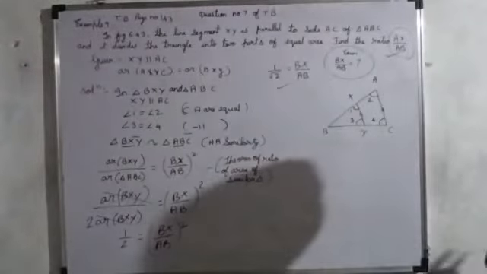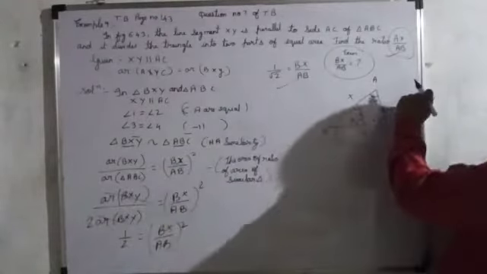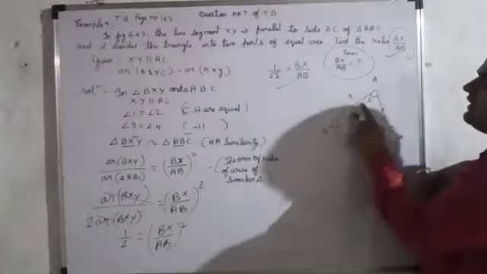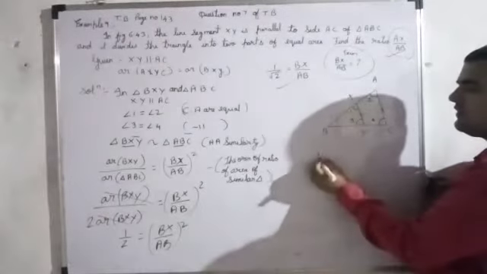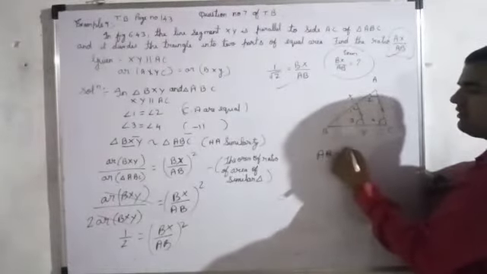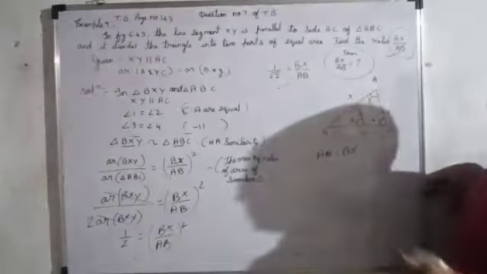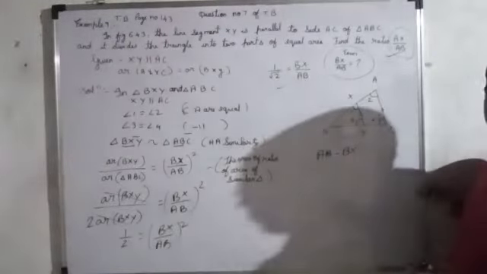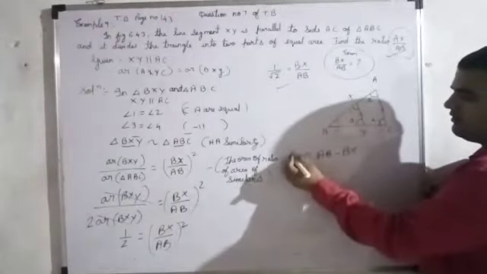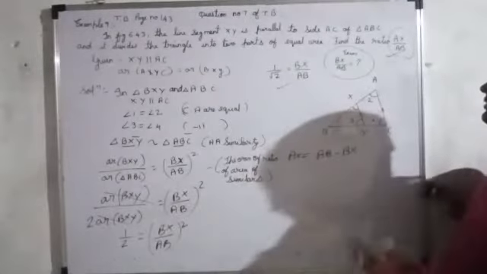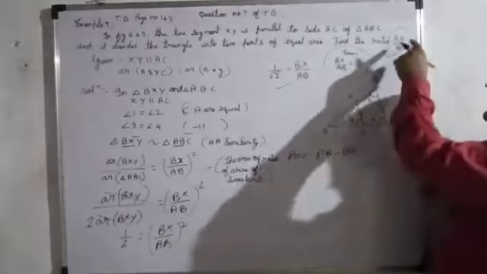See, if I have to find AX upon AB, can I say AX is obtained by subtracting AB minus BX, right? AB minus BX, AX you will get. Yes or no? In the question, see what you need to find. AX you need to find.